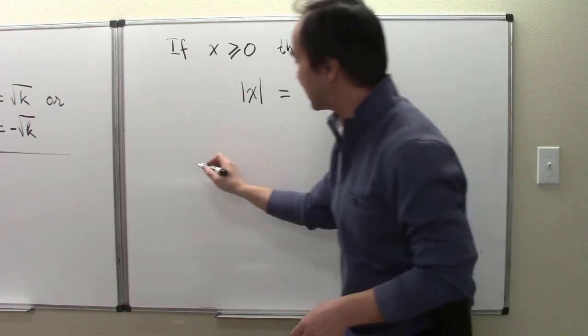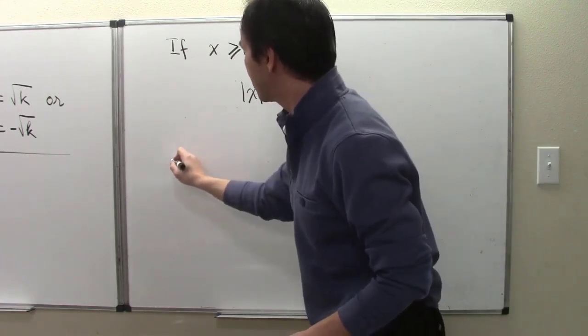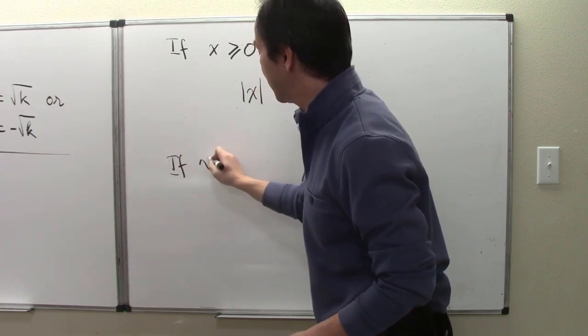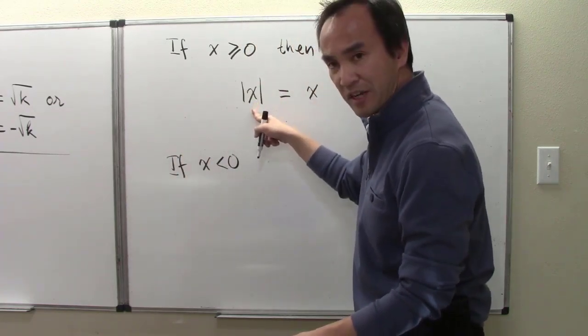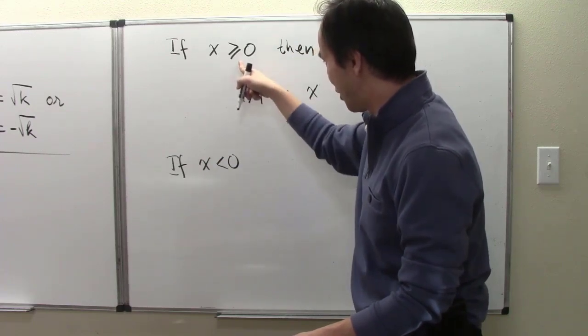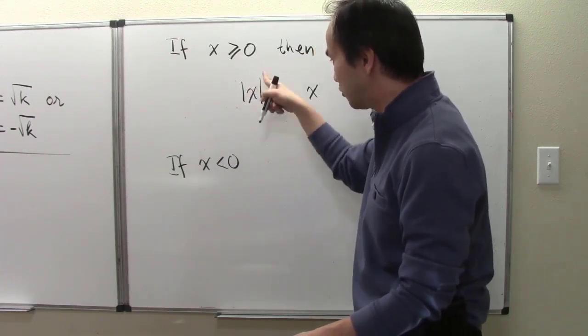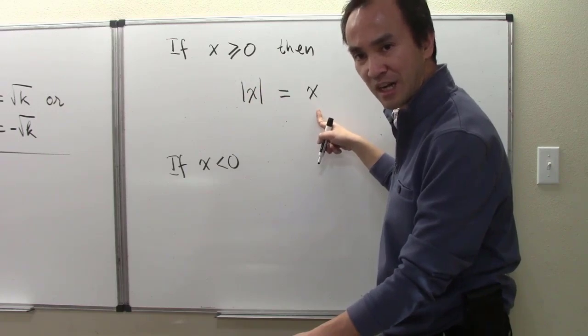But on the other hand, if the actual value for the unknown right here is a non-negative, then the absolute value will always equal the number itself.